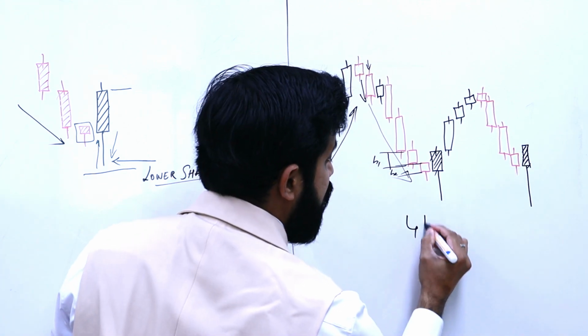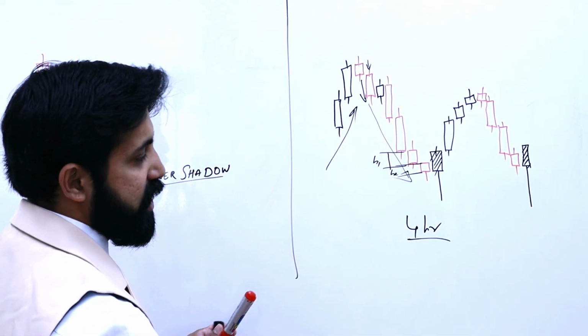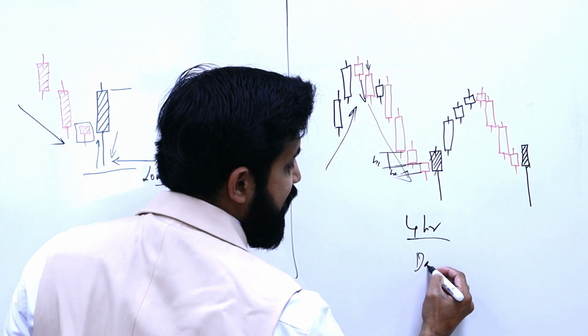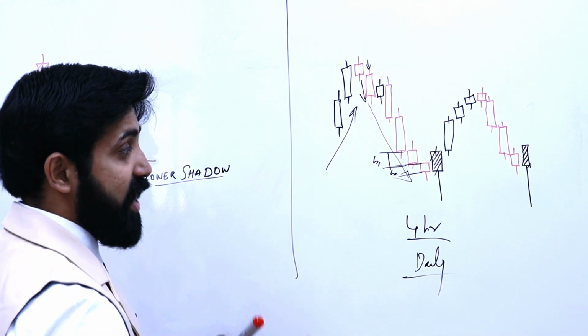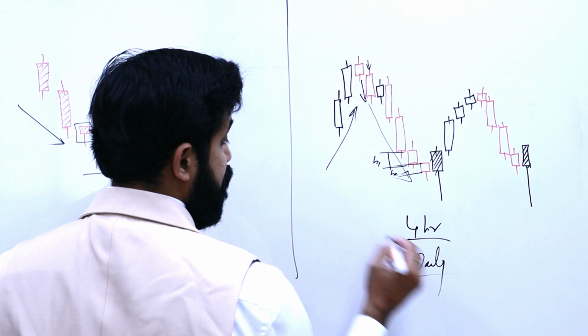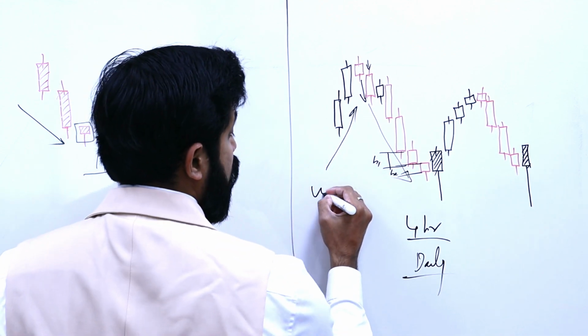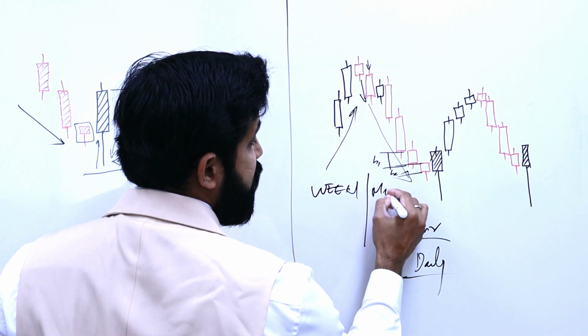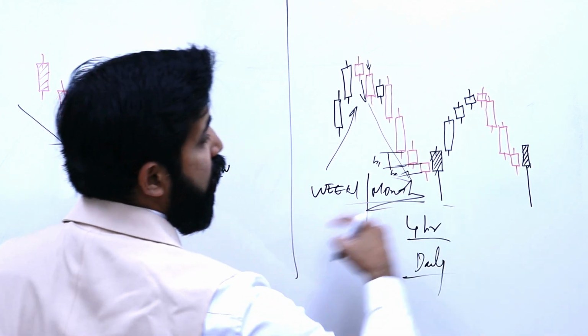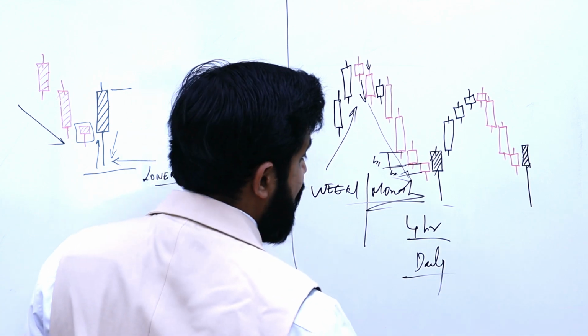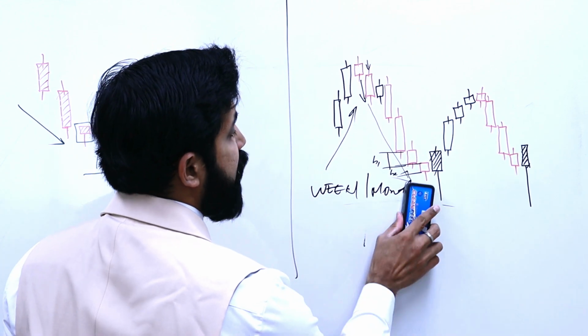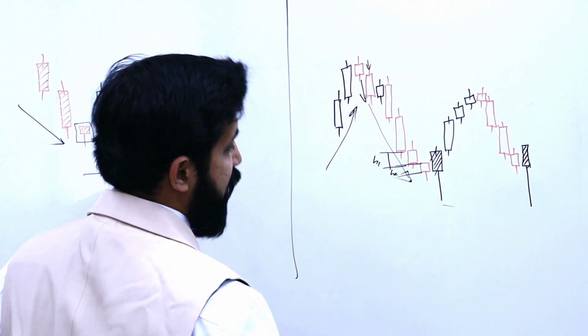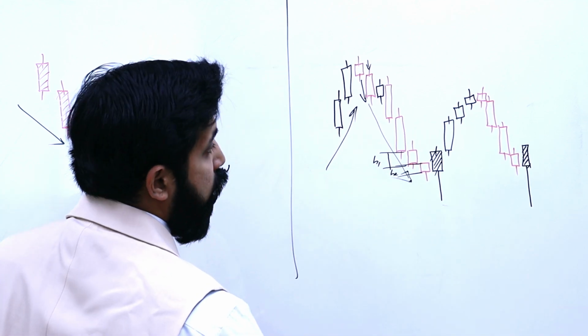Now, if this happens on a 4-hour, yeah, there are a lot of uncertainties. But if it's happening on a daily, it kind of assures you, okay, that's valid. But if it's happening on a weekly or a monthly, that's showing you a lot. Meaning, if that is happening on a weekly or a monthly, that means a huge amount of buyers are entering for the long term.